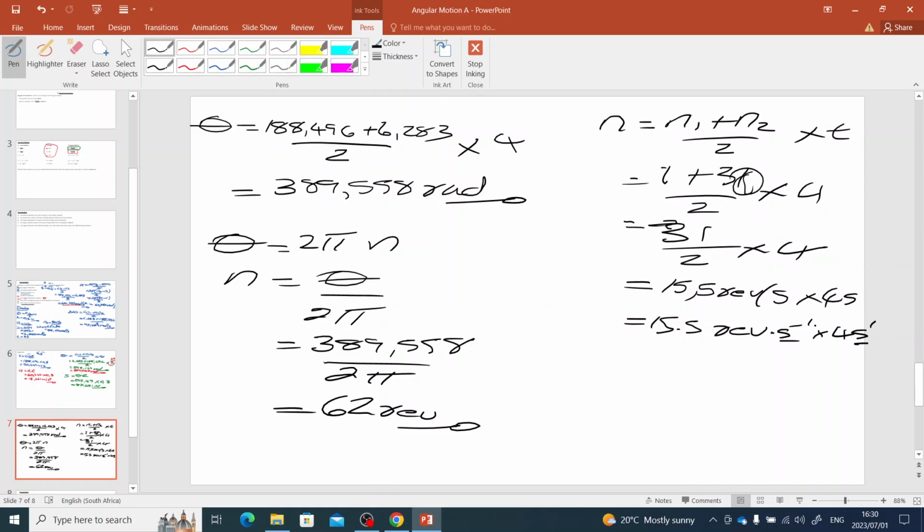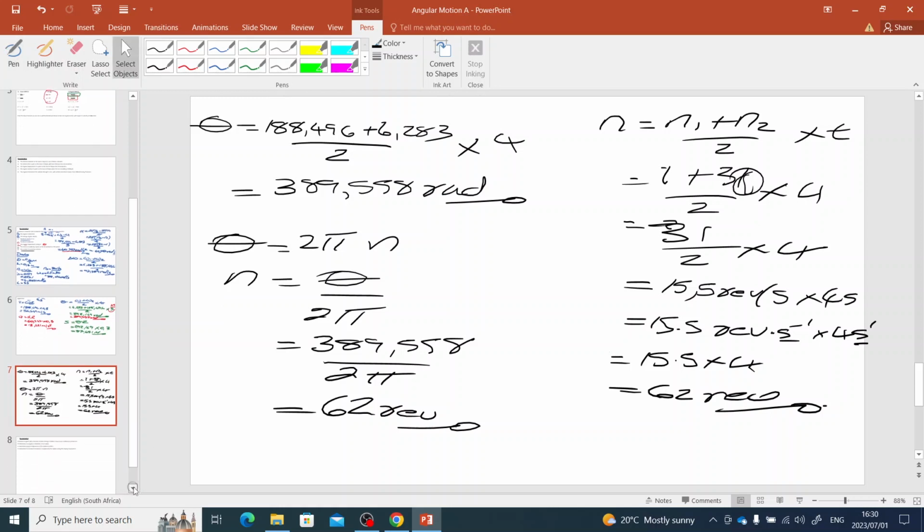The bases are the same. What do we do with exponents? We add them. Anything to the power 0 equals 1, then you'll be left with 15.5 multiplied by 4, which gives us 62 revs. That's another approach that you can take to that equation. This is how you tackle these questions, good people.